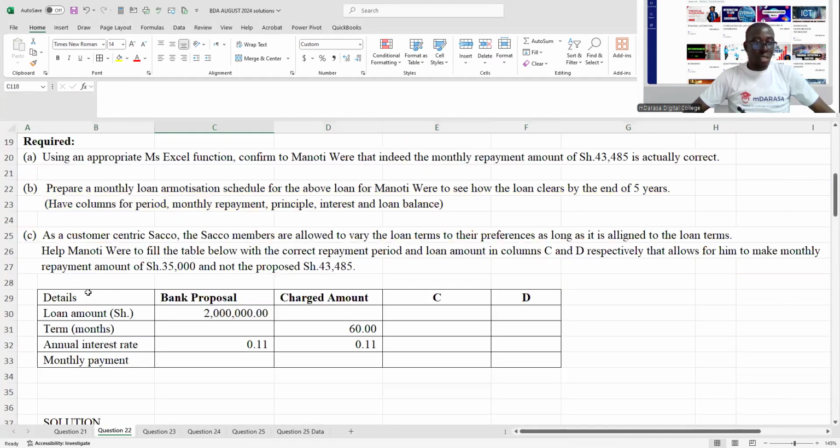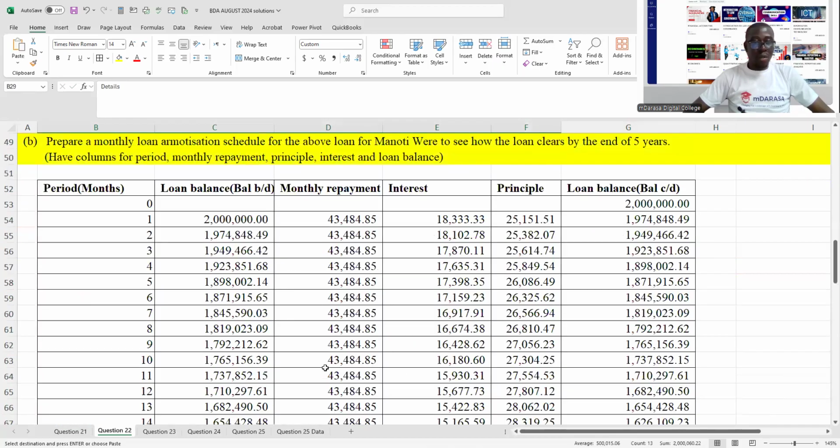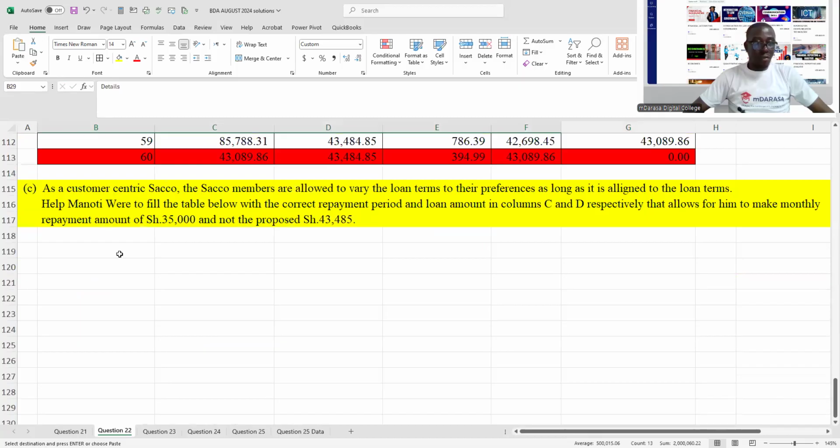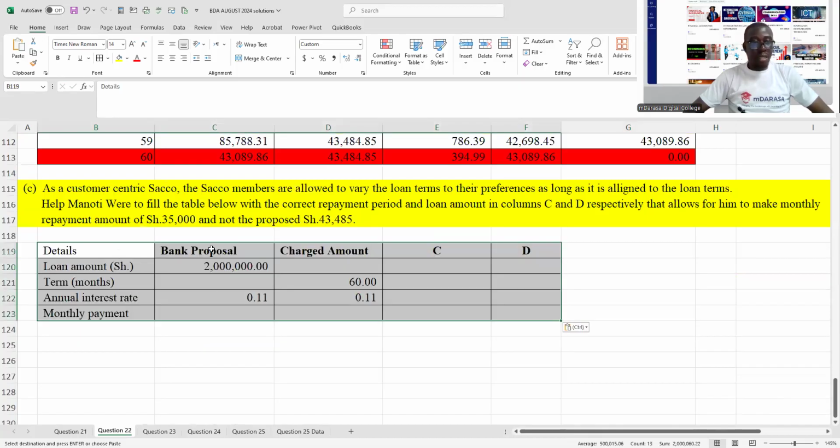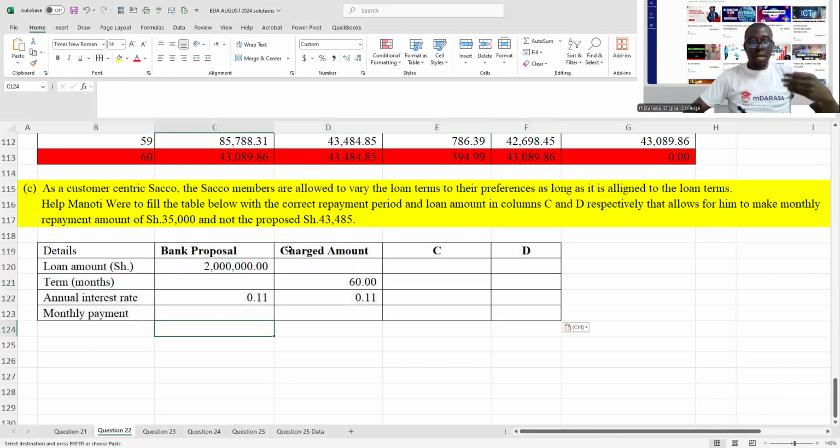Given the following terms, we are supposed to determine these missing values as per this new request of our client, where the proposal was: in the event that I'm taking this amount to have a repayment amount of 5,000, how long will it take us?